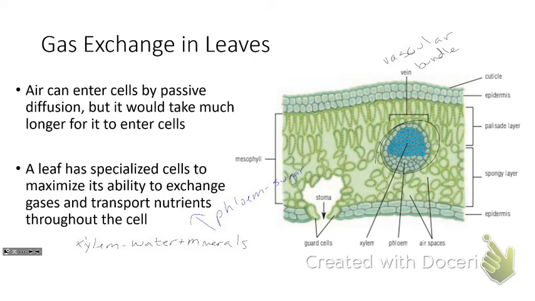Okay, and why might we see these vascular bundles kind of in the middle of the leaf here? Why do we have our veins not at the surface of our skin? Like not our big veins anyways, like our arteries. Protection. Protection, yeah, exactly, right? Same kind of thing here.